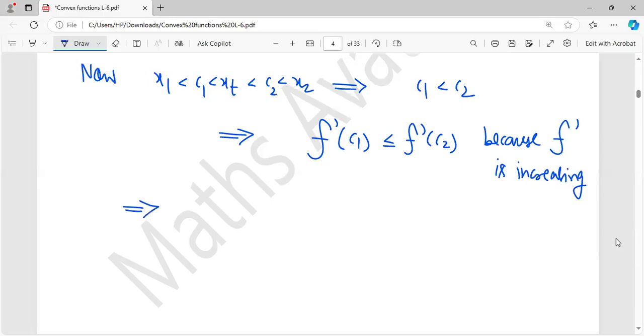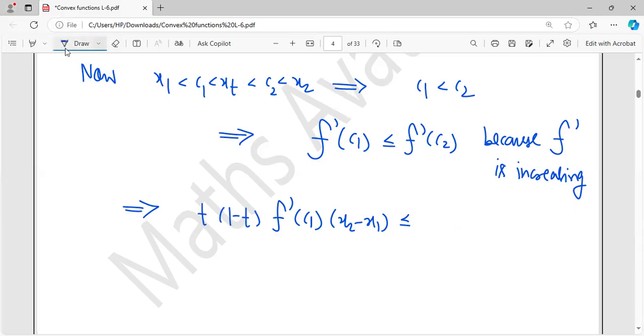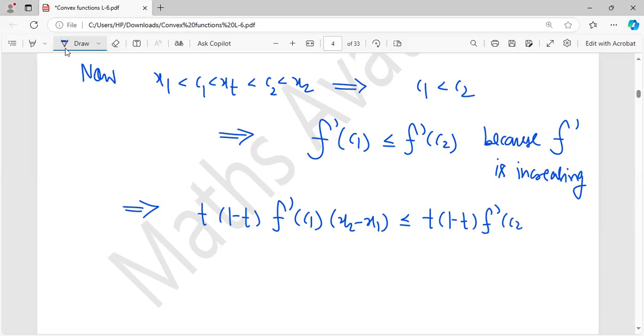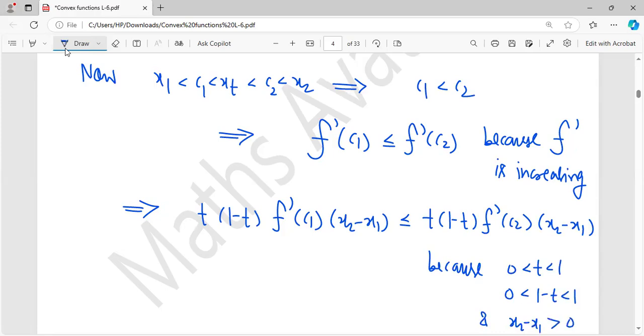So this will imply t(1 - t) f'(c1)(x2 - x1) is less than t(1 - t) f'(c2)(x2 - x1), because t lies in this range, 1 - t also lies there, and x2 - x1 is greater than 0.